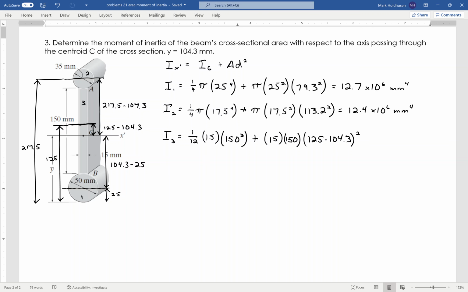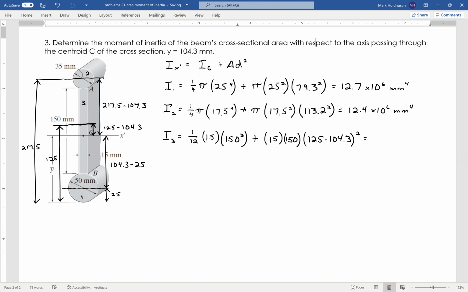So again, same idea here. You take the moment of inertia about the middle of the rectangle, which you look up in the back of the book, 1/12 b h cubed. Add to it the area, which is base times height, times the distance between the middle of the rectangle and the x prime axis, which is 20.7, I think, here.